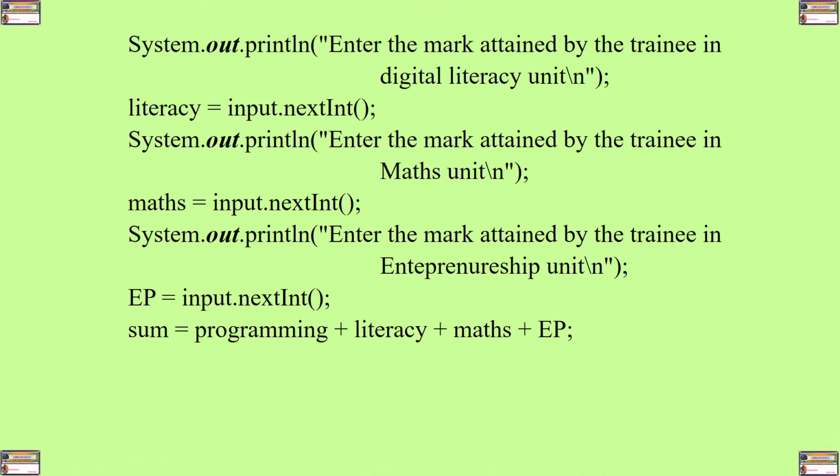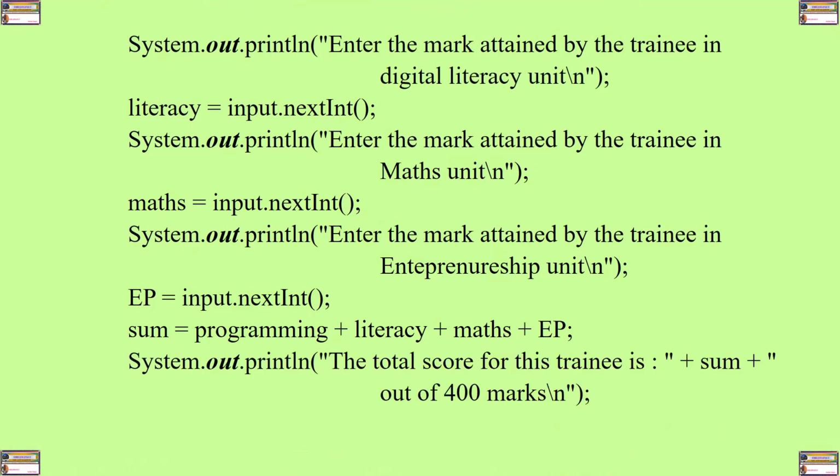Once that has been done, we have read our 4 values. The next activity to be done is to compute the sum. So the compiler will pick the value in the memory location called EP and the content in the memory location called months, then add that to the content in the memory location called literacy, and lastly, add the content in the memory location called programming, and the overall result will be assigned or stored in the memory location called sum.